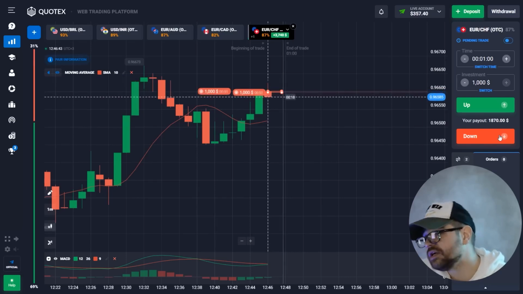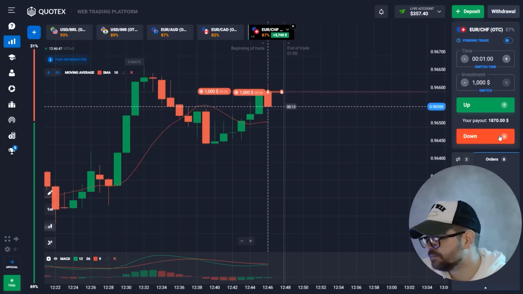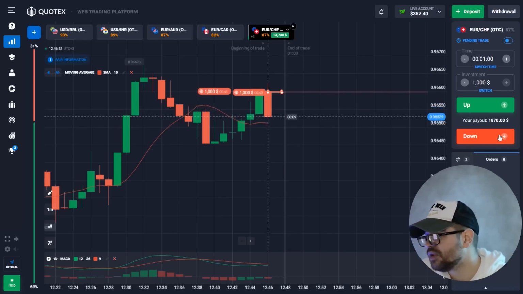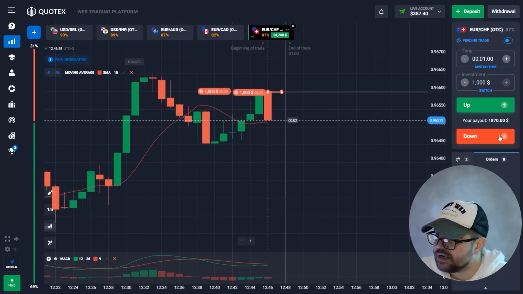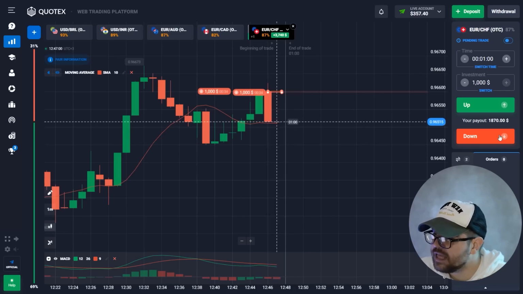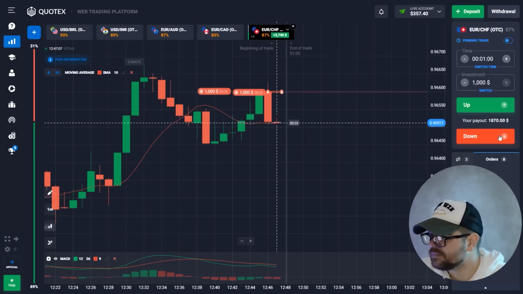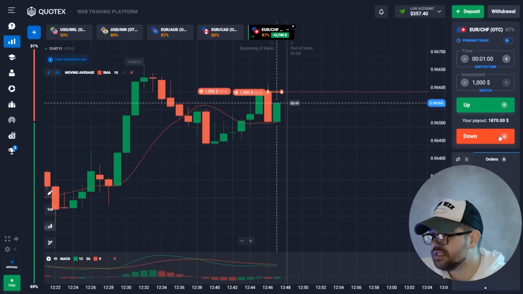The put option here is because there was this kind of an uptrend going on, and then it started to go down as a pullback supposedly, and then it got up to the resistance level, and it broke it too quick.